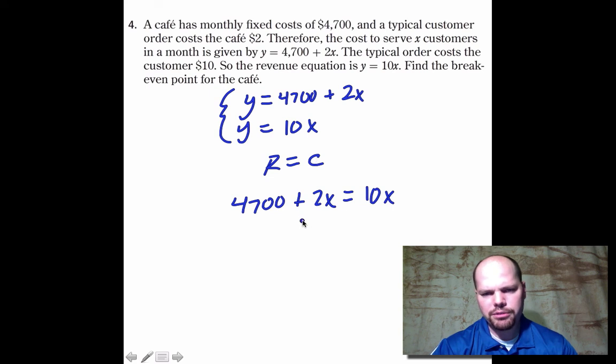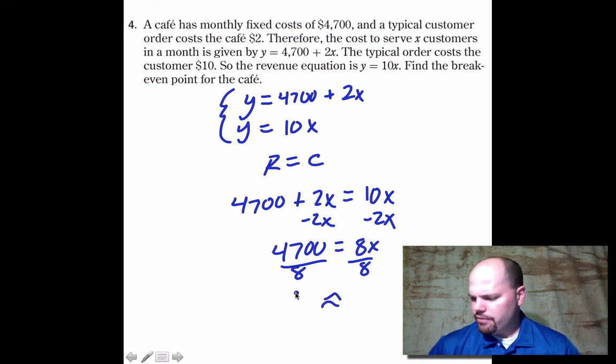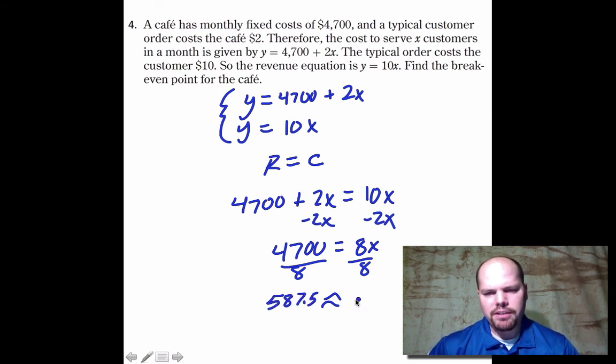Oh, we subtract 2x. Subtract 2x. So then we get 4,700 equals 8x, and divide by 8. 4,700 divided by 8 is about 587.5. 587.5 is what x is. So you need probably about 588 customers to break even.